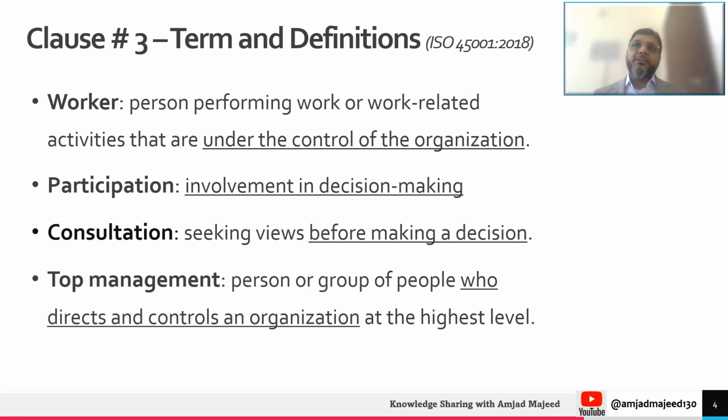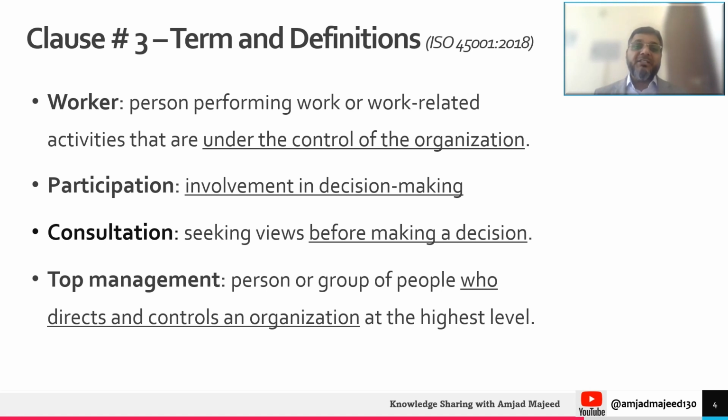Now the other is participation. What is participation? Participation is all about engaging the stakeholders in decision making, their engagement, their involvement. The end user is normally always a better person to help us while we are developing or designing.